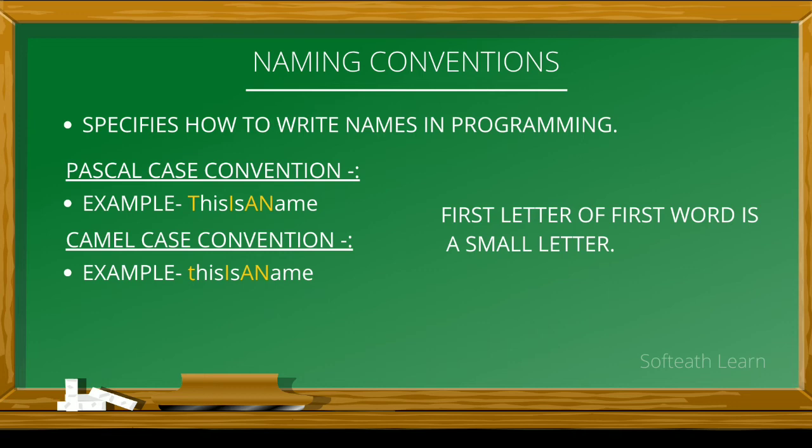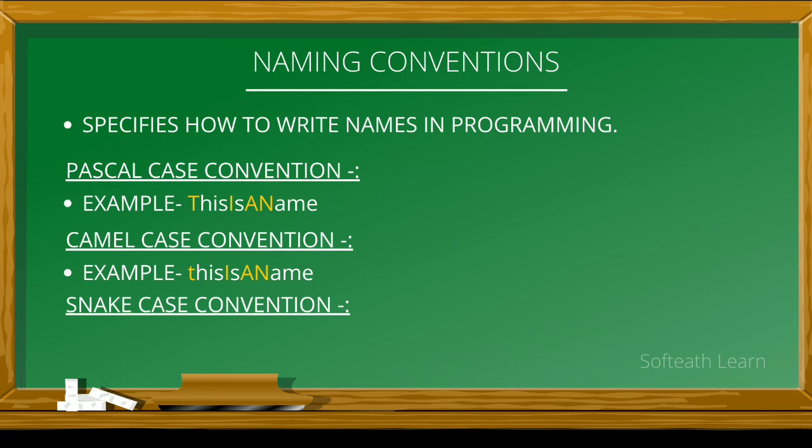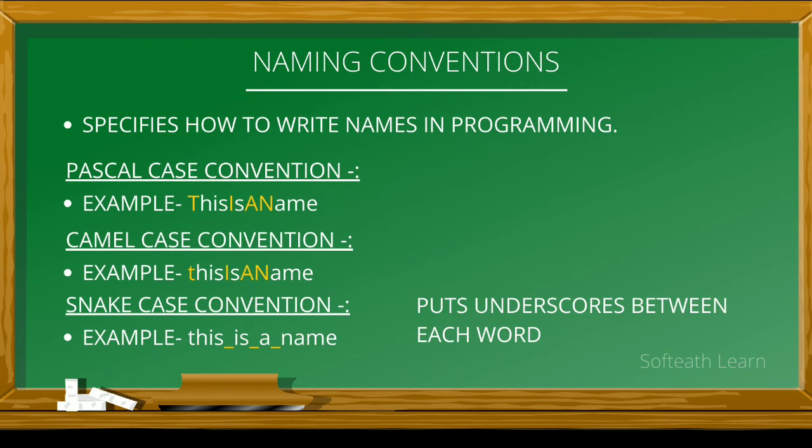We will talk about variables, but what I wanted you to know is that we name methods according to the camel case convention in Java. Finally, we have the snake case convention, and it looks like this. Basically, we put an underscore between each word. Of course, we have other case conventions, but I wanted to show you these important ones.